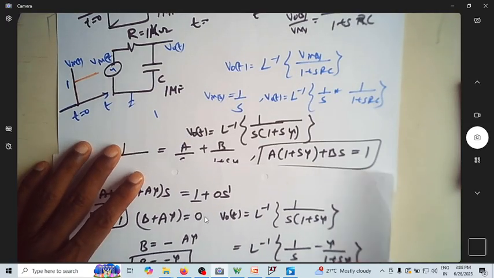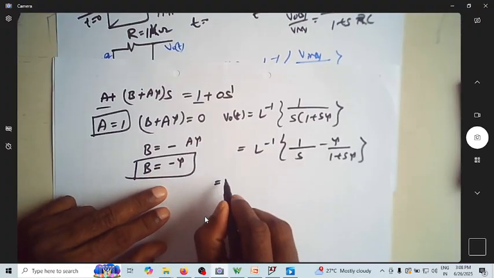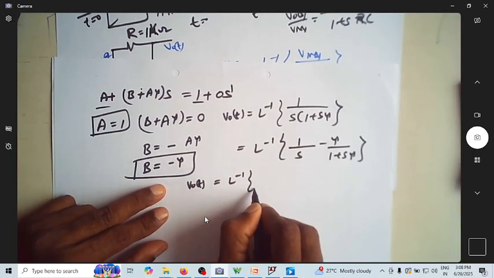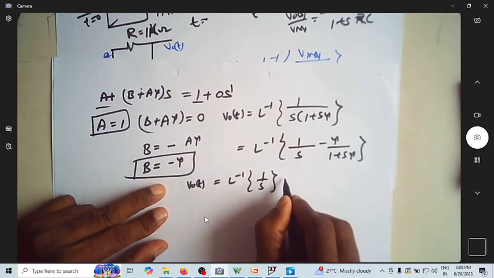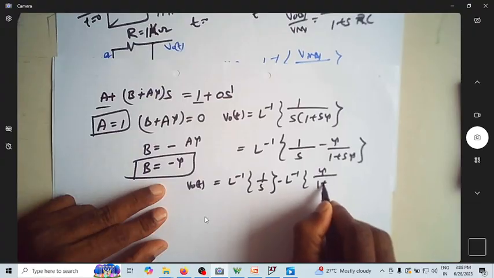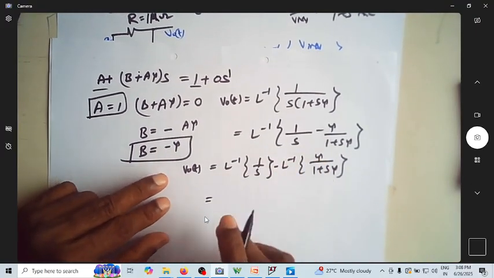That's the equation you have. So I want to find the Laplace inverse of this. I can write v naught of t as Laplace inverse of 1 over s minus Laplace inverse of tau by 1 plus s tau. Correct? That's how I can easily write it.